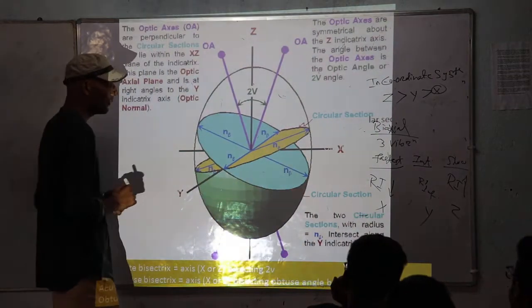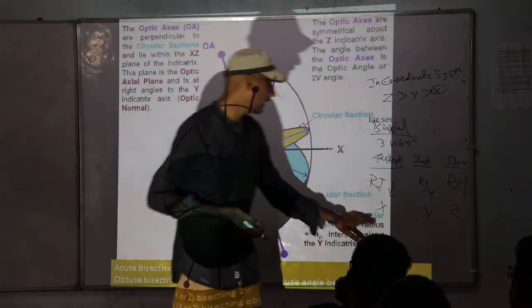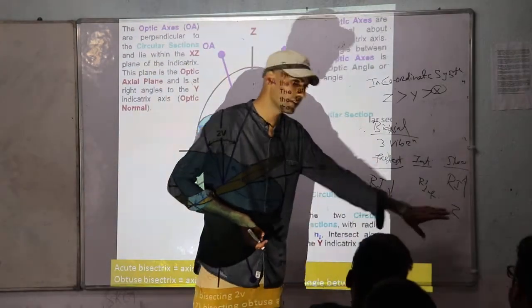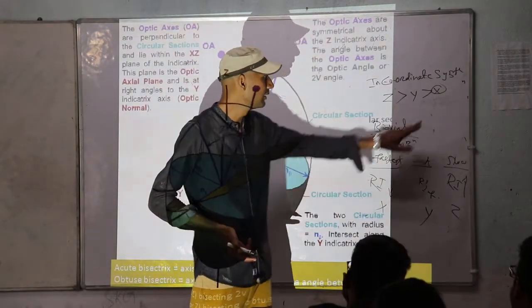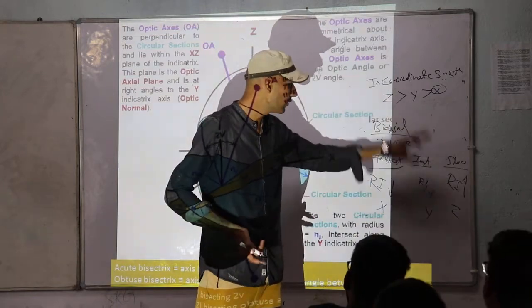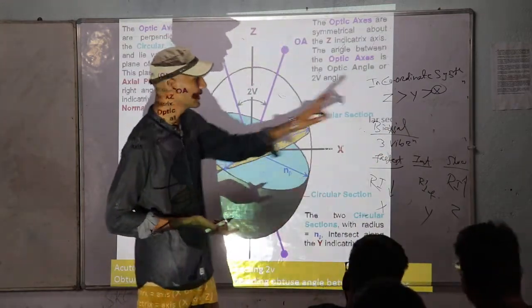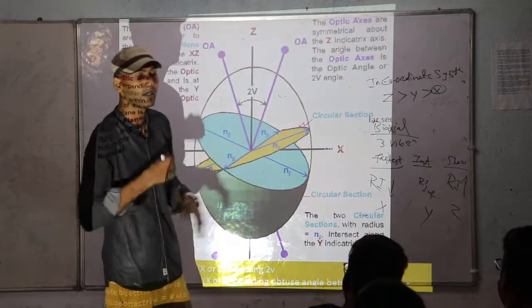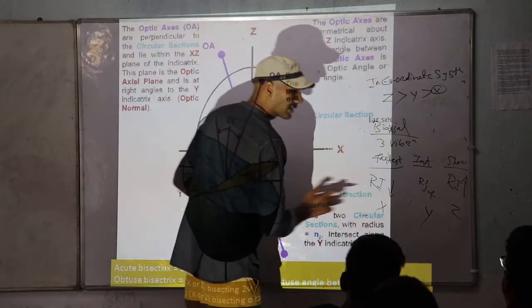So if we are drawing the indicatrix between X vibration, Y vibration, and Z vibration, you have to represent X vibration in the X coordinate, Y in the Y coordinate, Z in the Z coordinate. Z is the longest, X is the shortest, but considering velocity, X is the fastest.